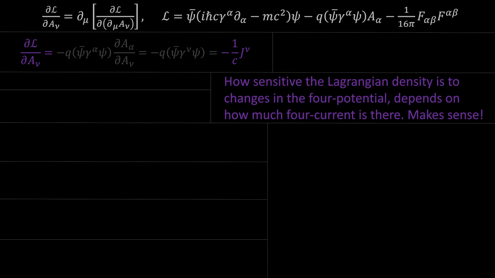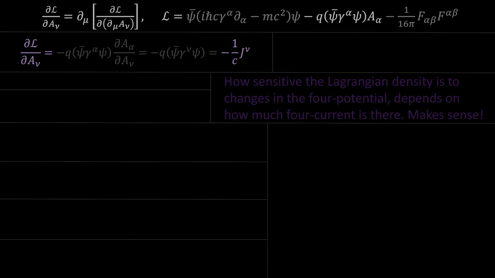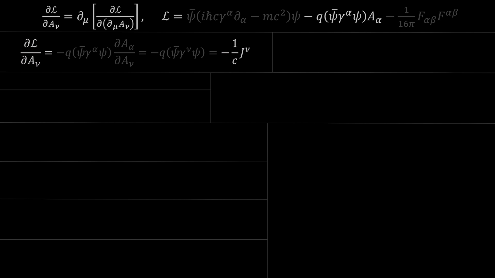And likewise, if you consider the spatial parts of A, that is the magnetic vector potential, how much does the Lagrangian depend on changes in the vector potential? Well, that has to do with how much electric current you have somewhere. So this equation actually makes a lot of sense and lends itself to physical interpretation, so we're on the right track. Now let's go ahead and mosey on over to the right-hand side of our Euler-Lagrange equation.